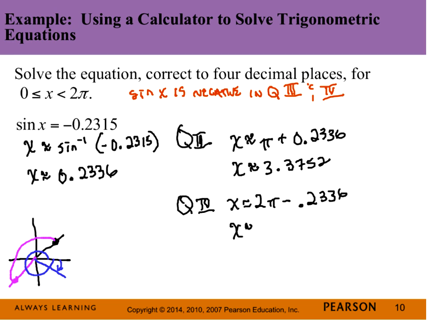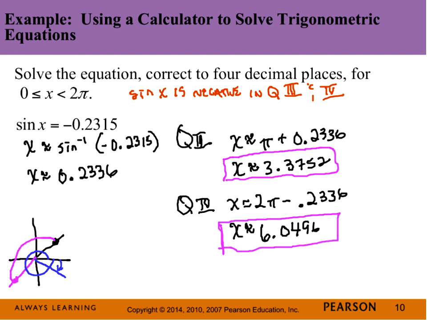And when I put that into my calculator, I get that x is approximately 6.0496. So I've got two solutions here. I have x is approximately 3.3752 and x is approximately 6.0496.